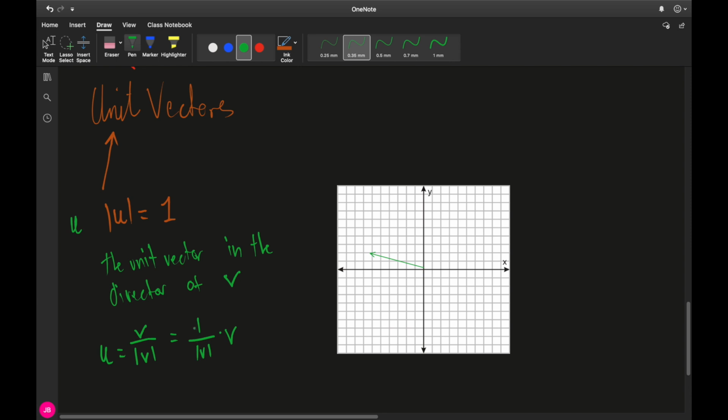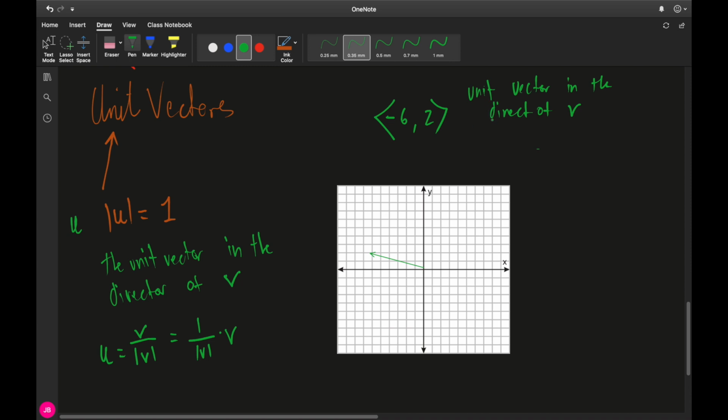So how is this actually going to help us? Well, let's say that we have this vector right here, which is negative 6, comma, positive 2. A unit vector in the direction of v is simply going to be this vector divided by its magnitude.